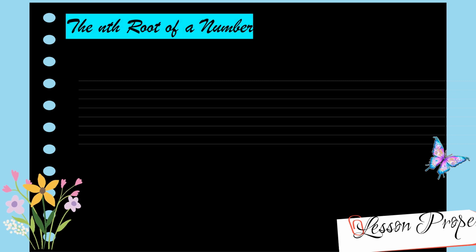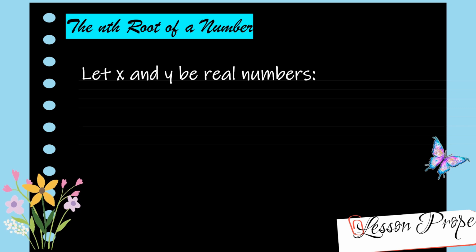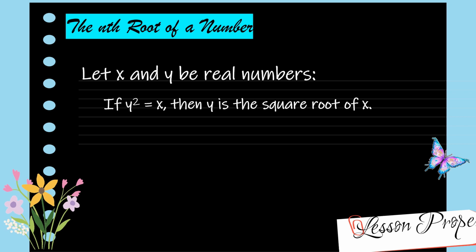The reverse process of raising a number to the nth power is finding the nth root of a number. Consequently, the reverse process of squaring a number is finding the square root of a number. So let x and y be real numbers.